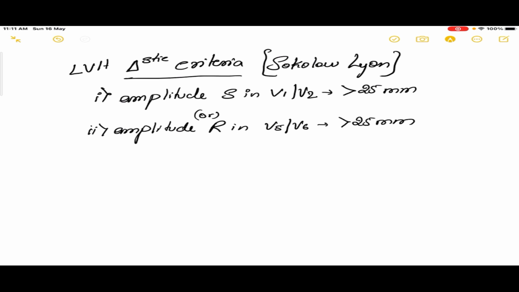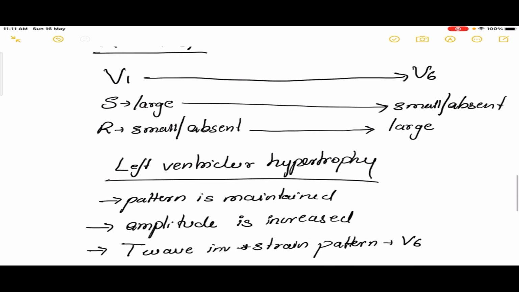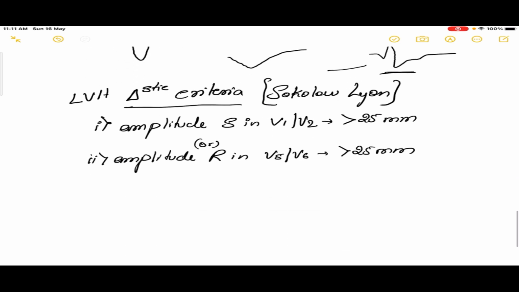As I told, the normal pattern is maintained, so the S wave is large in V1 and the R wave is large in V6.